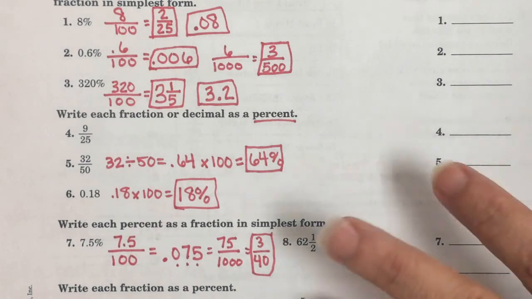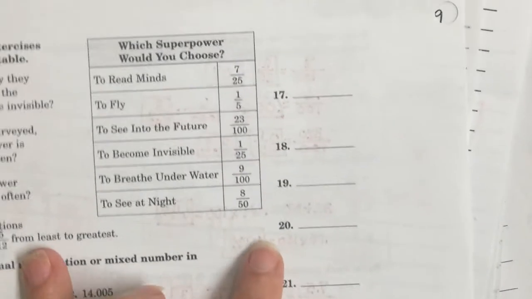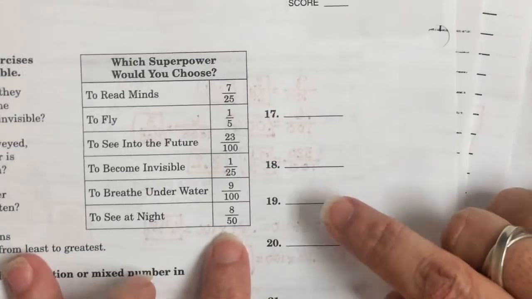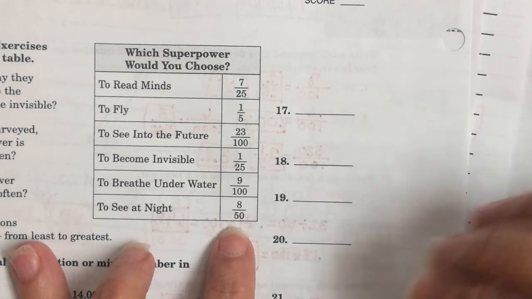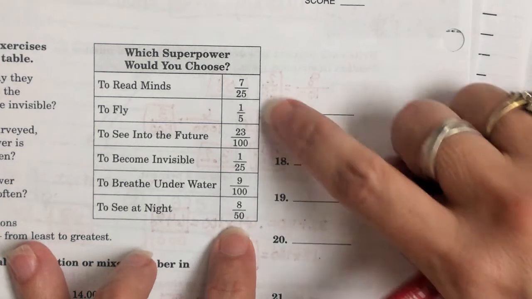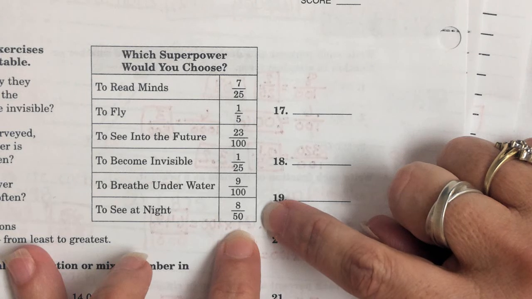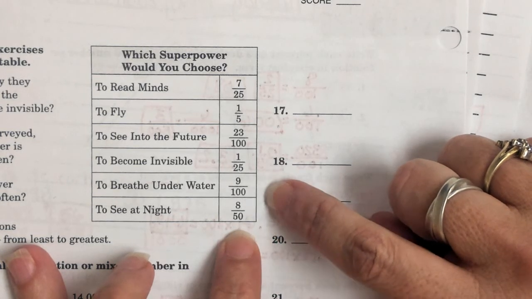On the back, to be honest, I'm going to give you a hint in case you're there. To be able to compare these, they're wanting to know which one's the least and which one's the greatest. To do that, you're either going to want all common denominators, or what I did is I changed them.